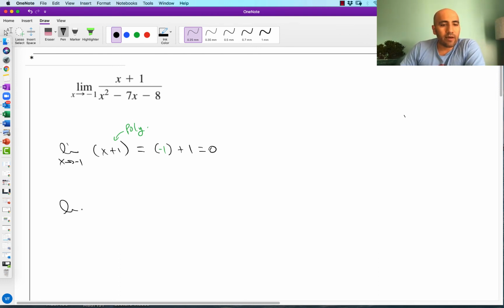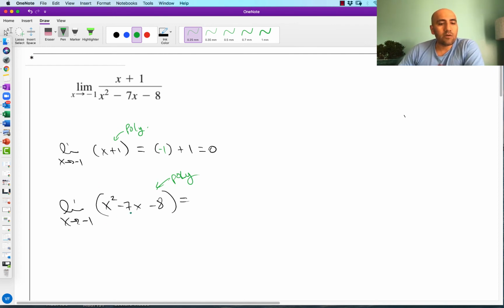Likewise, if we think about the limit as x approaches -1 of just the denominator, x squared minus 7x minus 8, again, this is just some polynomial. And we know that the limit of a polynomial is equal to that polynomial evaluated at our limit value.